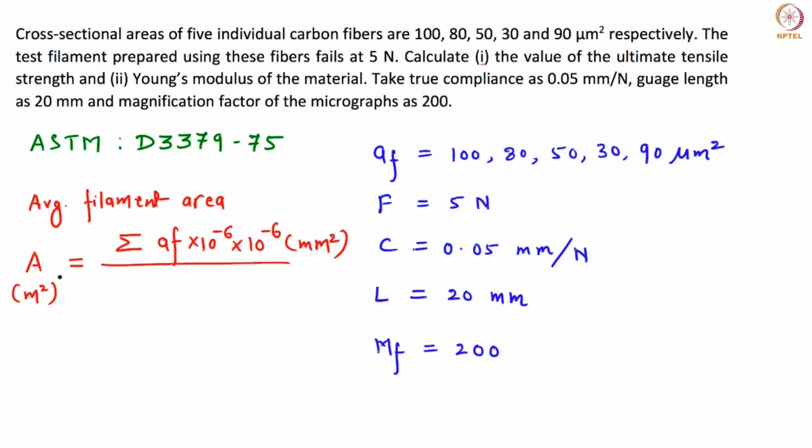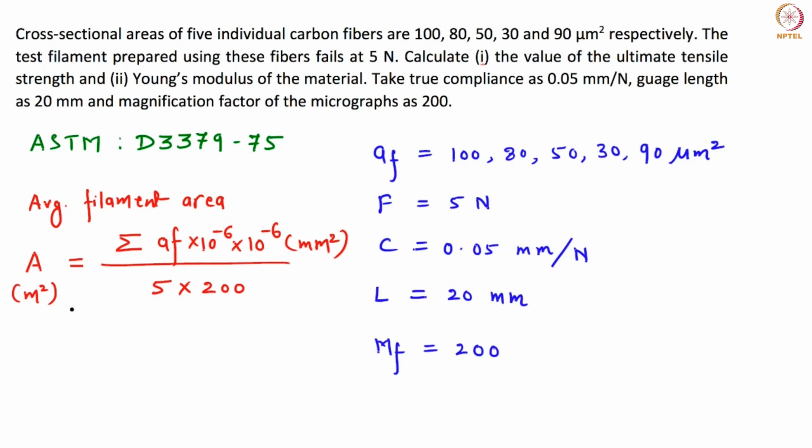What else is there in the formula? Here we need to enter the value of n, which is the total number of fibers. Let me write the total number of fibers. This is the n. Here we have just taken 5 fibers, and then the magnification factor. Now from here, you will write down the values AF: 100 plus 80 plus 50 plus 30, 90.